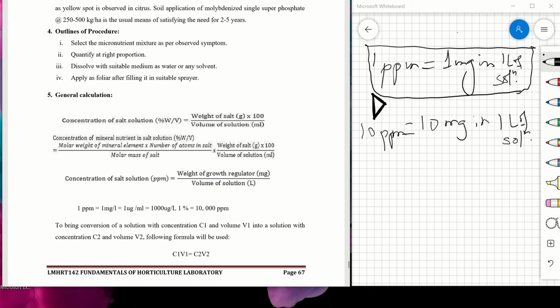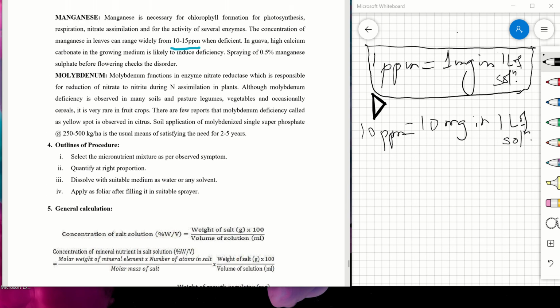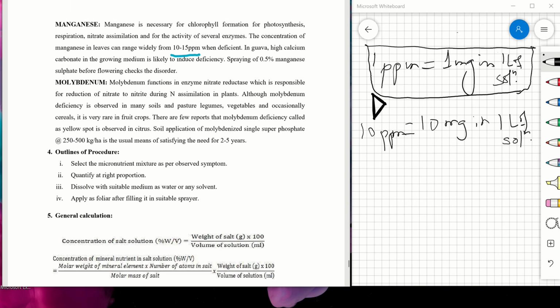Next, you can see in the calculation part here, the concentration of a salt solution, percentage weight by volume, equals the weight of the salt divided by the volume of solution, times 100. Where will this calculation help you? Let's see an example.